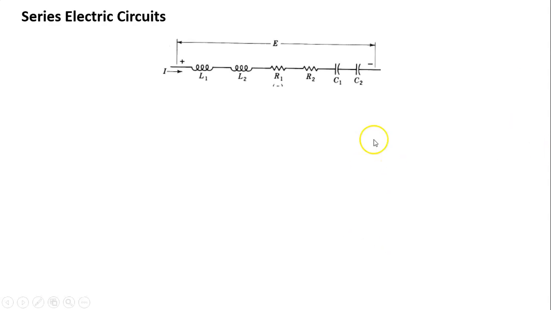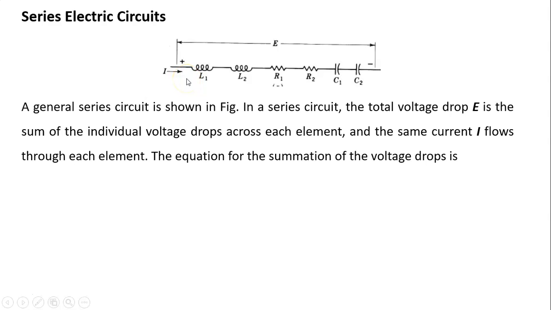Now, this is the series electric circuit in which two inductors L1, L2, two resistors R1, R2 and two capacitors C1, C2 are connected in series. E is the total voltage drop across these elements, and I is the current flowing through these elements.